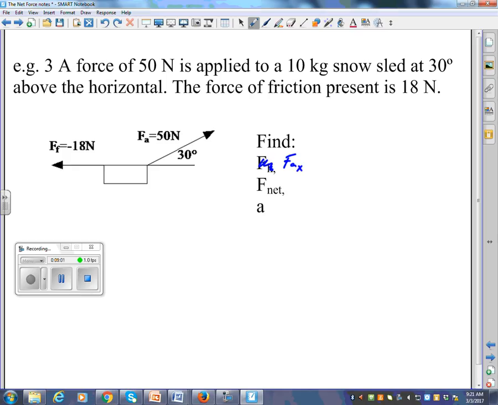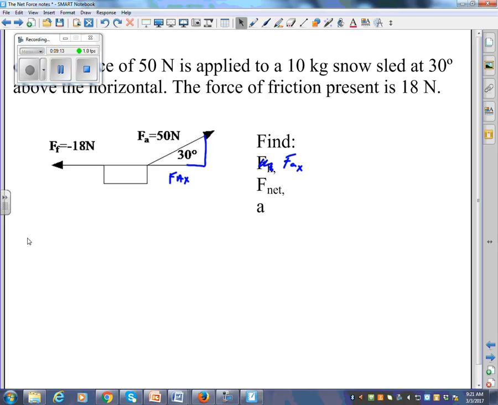So how do we find FAX? Well, it's this right triangle here. Because it's adjacent, it's going to be the cosine, right? So that's going to be FAX is equal to FA cos theta, or 50 cos 30.